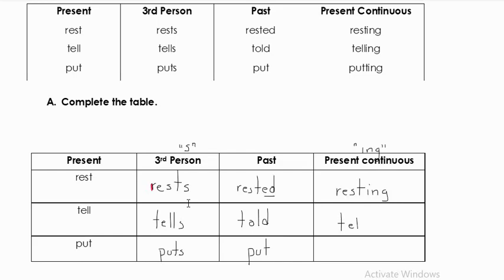Tell, we add ing, and it says telling. Put, we add ing. Okay, the rule says that as we have a consonant, vowel, consonant, we have to repeat the last consonant. Okay, that is a rule. And we are going to write putting.